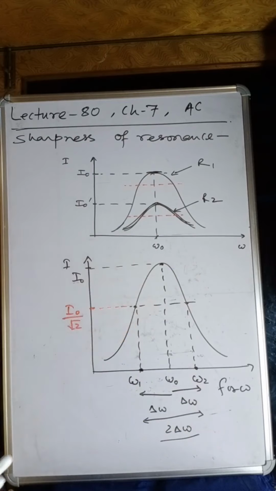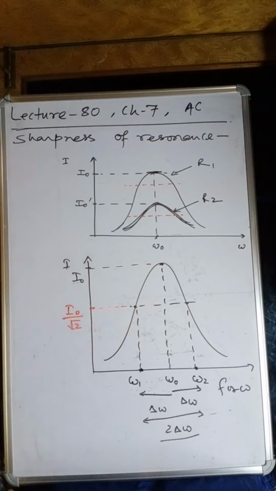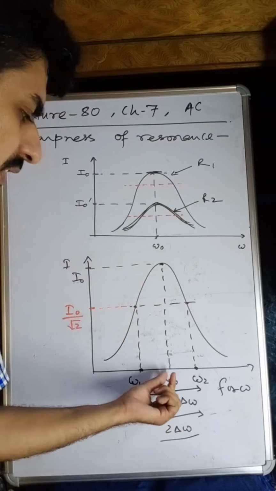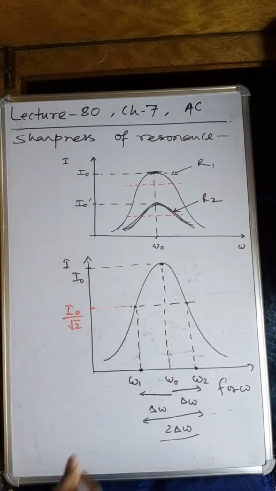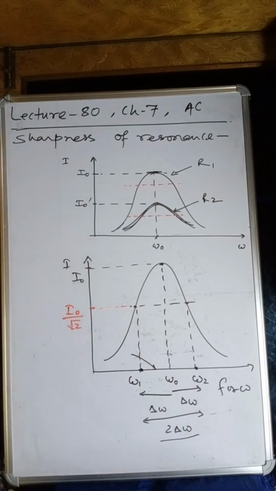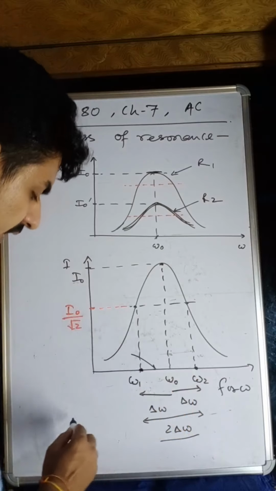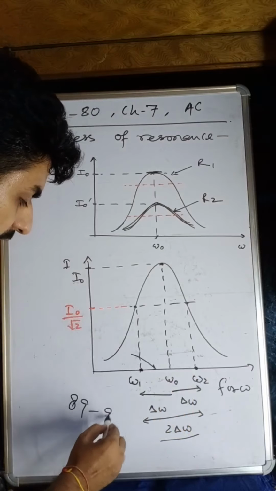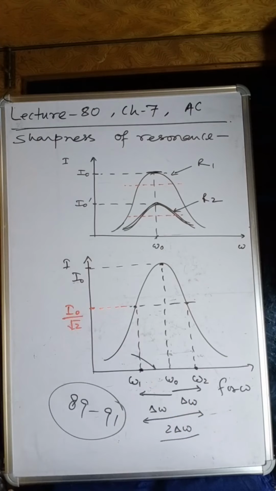Suppose you are having 90 megahertz, and this value is 1 megahertz. It means from 89 to 91, you cannot obtain any other station.